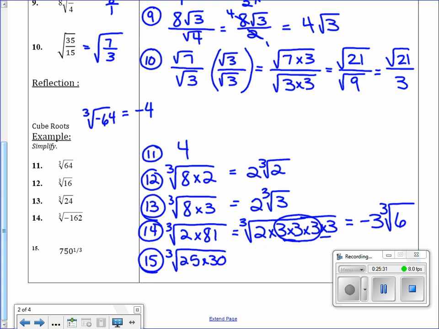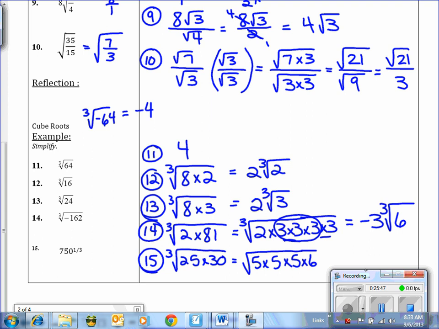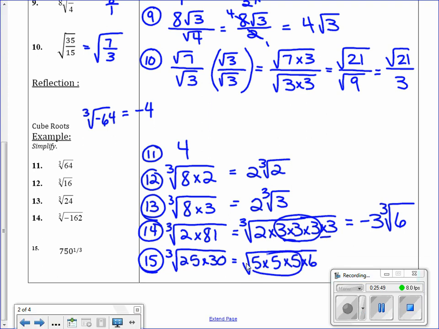Well, I can break that down, and I can say the cube root of 5 times 5, there's my 25, times 5 times 6, there's my 30. And now I have those 5's right there. Don't forget my index of 3. So there's my 5's. So my answer is going to be 5 times the cube root of 6.